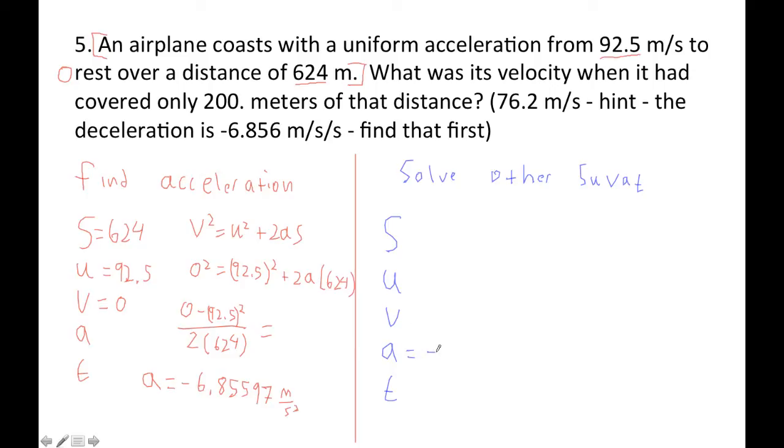So the plane was decelerating at negative 6.85597. Okay. I think the initial velocity is the same one, right? Because we're talking about 200 meters. That's this guy, right? I think this guy is 92.5 meters per second, right? And then we want to find this velocity here, right? I do believe, yes? Okay, so the plane still starts off this way, right?